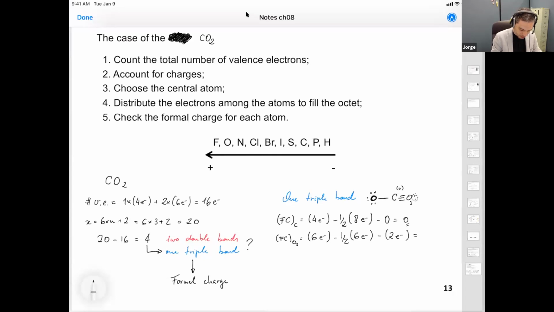Therefore, we are going to get a formal charge for oxygen number 1. 6 minus 3 is 3, minus 2 is plus 1, or 1 plus.